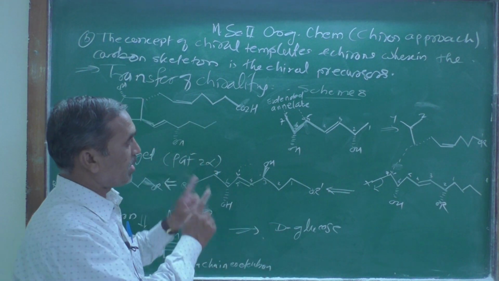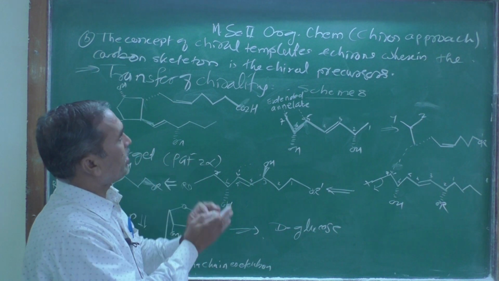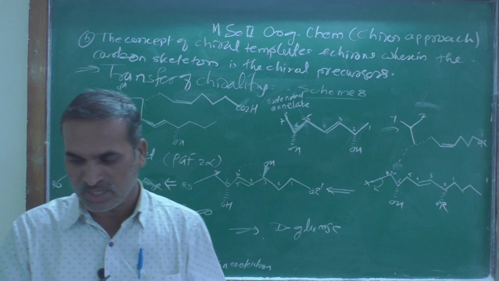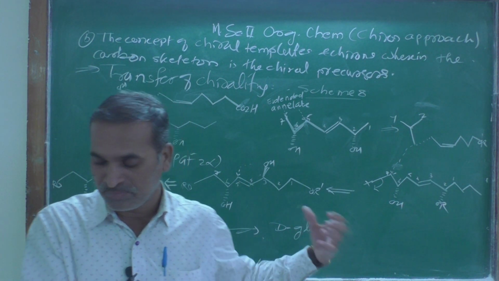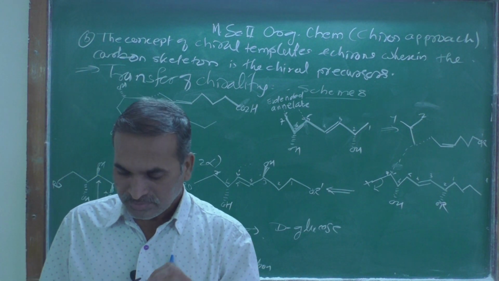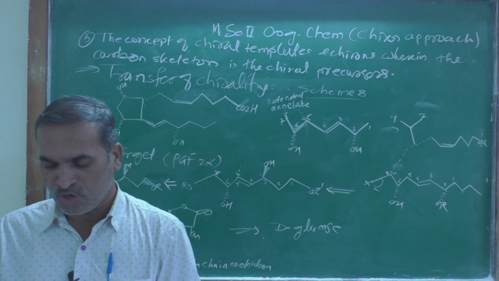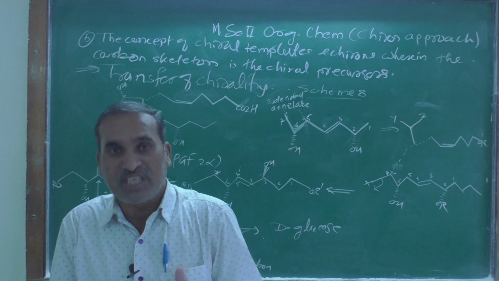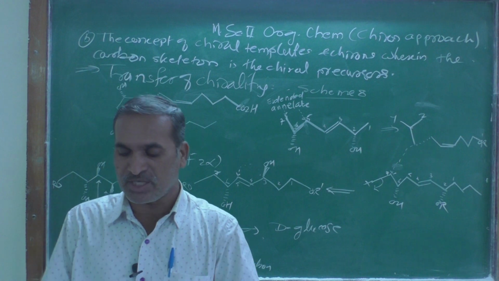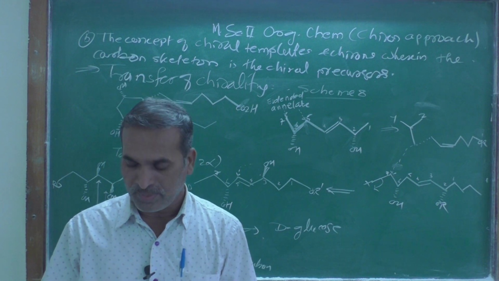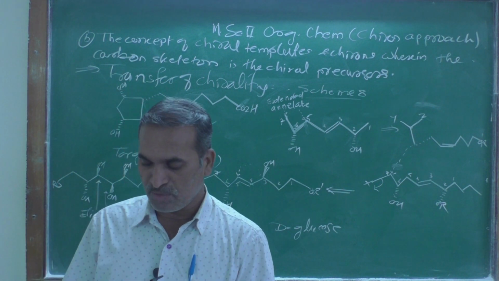Here we are particularly keeping the Chiron approach, and the transfer of chirality is there. Synthesis from D-glucose. Here is D-glucose. The focus point in terms of synthetic design is the convergence of a carbohydrate derived segment containing 2 hydroxyl groups and a double bond with C11 to C16 of the target.